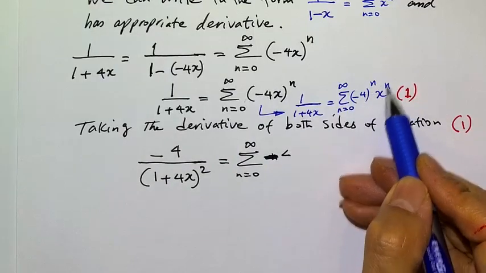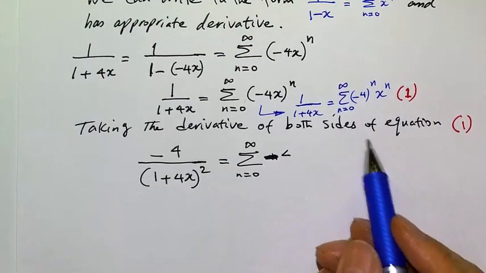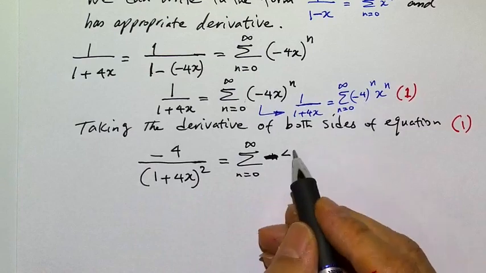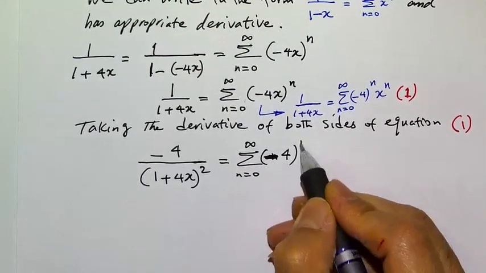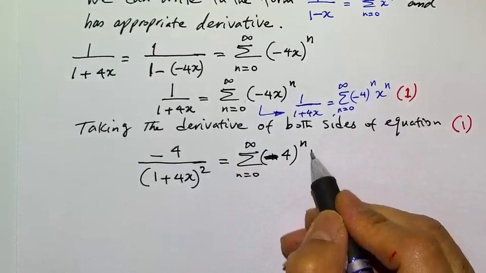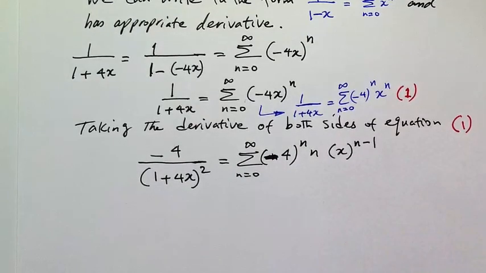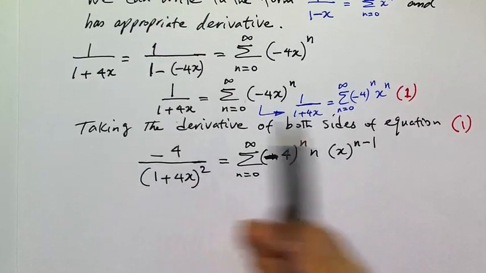It's this x to the n that we're taking the derivative of. So now we have minus 4 to the n power, and then n times x to the n minus 1 power. Okay, so we've taken the derivative of both sides.